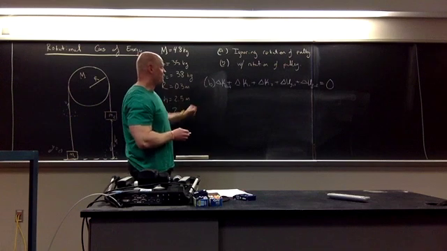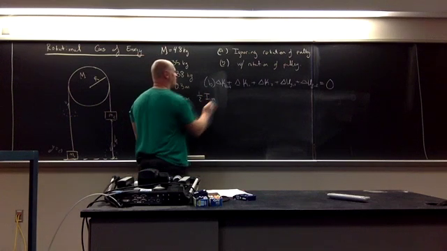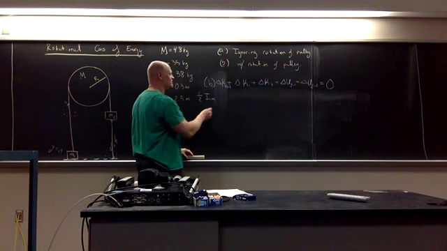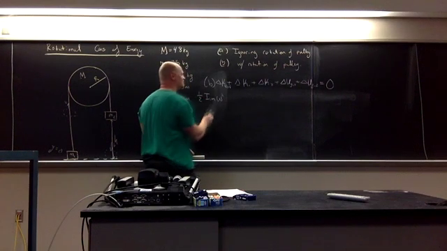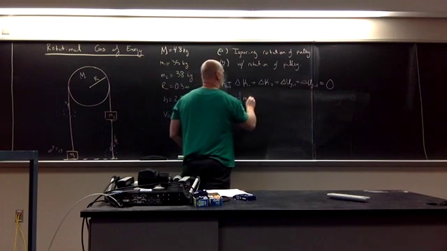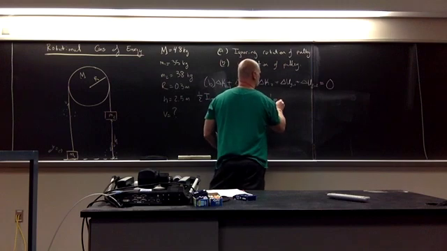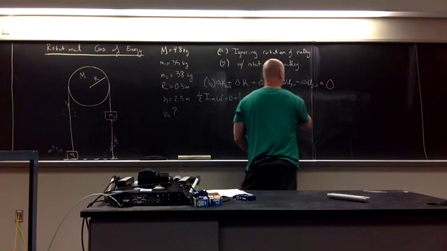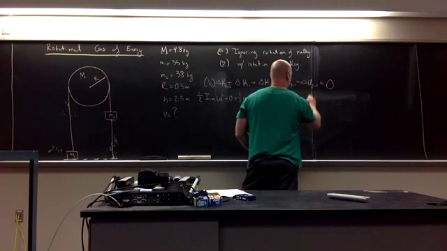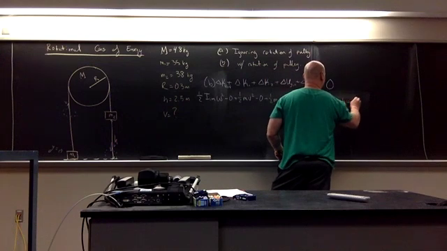So the only thing that changes is that I'm going to have a final rotational kinetic energy, which is 1/2 the moment of inertia about the center of mass times the angular velocity squared, minus the initial, plus 1/2 m1 v squared minus the initial, plus 1/2 m2 v squared minus the initial, plus m1 g h minus the initial, plus 0 minus m2 g h equals 0.